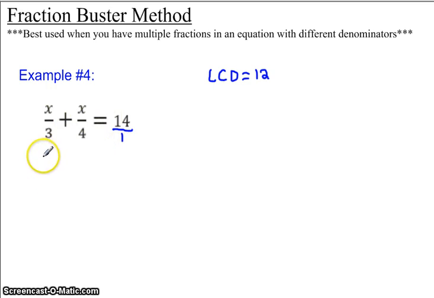In order to get a denominator of 12 with this denominator of 3, I need to multiply 3 times 4. So I'm going to multiply the x over 3 times 4 over 4. Now to get the 4 to be a 12, I have to multiply that by 3, so I'm going to multiply that by 3 over 3.